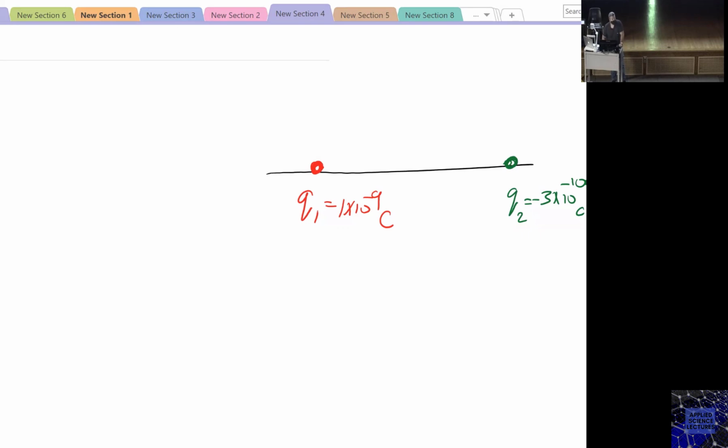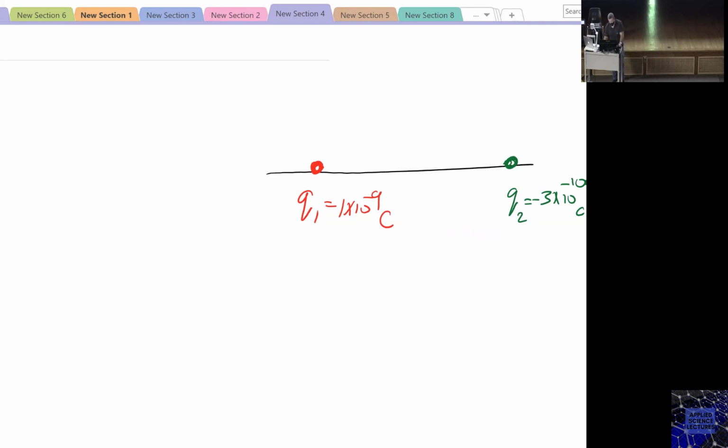The first thing I need to look at before I draw the force is what type of charges those are. Are those two charges alike or opposite? If they are opposite, then the force is attractive. It will be pointing toward the one that is exerting it.